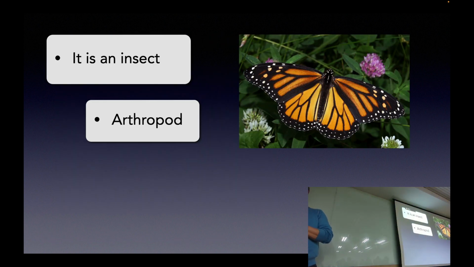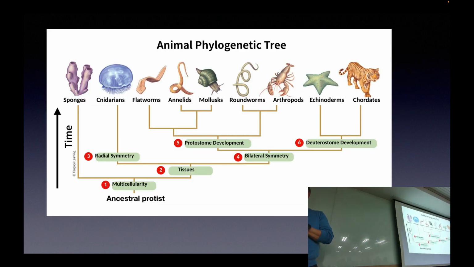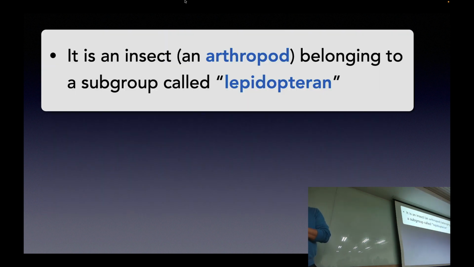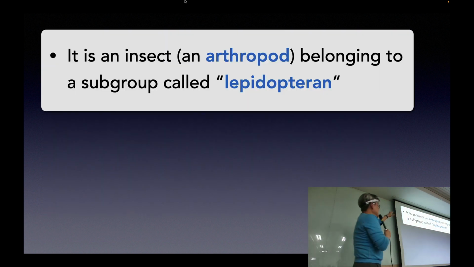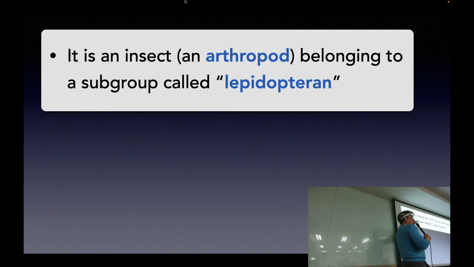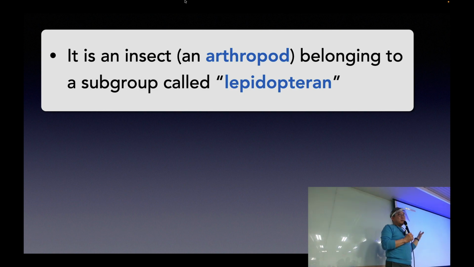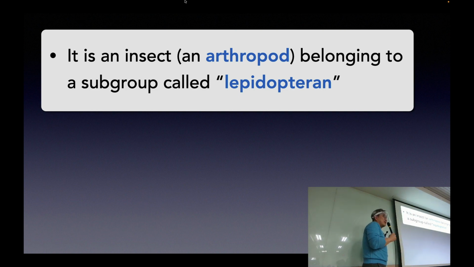The scientific way of calling insects is arthropod, which is a group. But we don't have to worry about that. Who cares about the scientific name of the group, or where the insect belongs? If you know, good for you, but it's not the point.